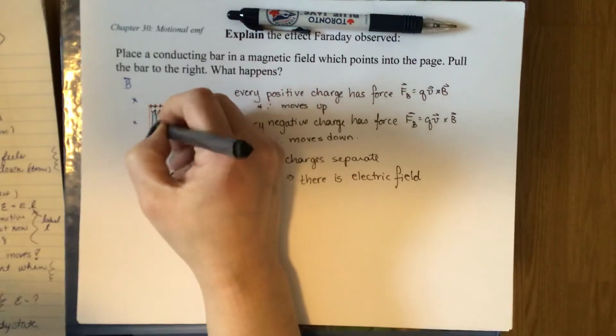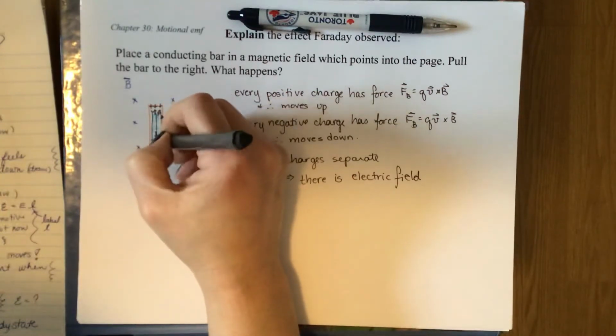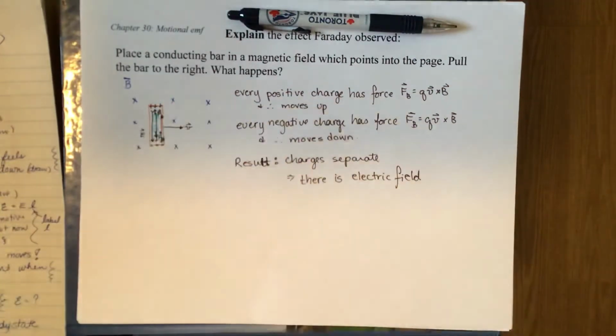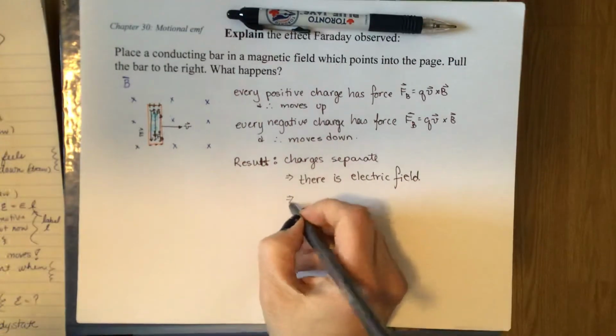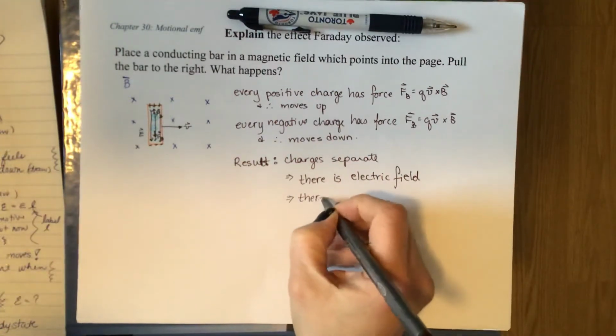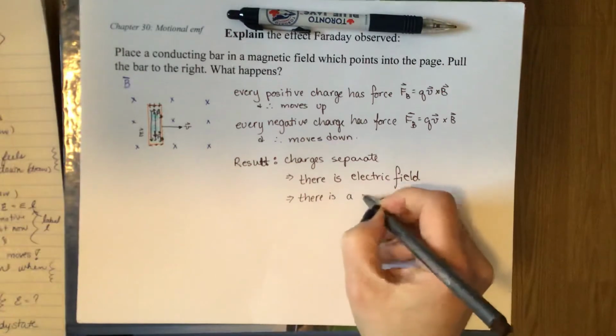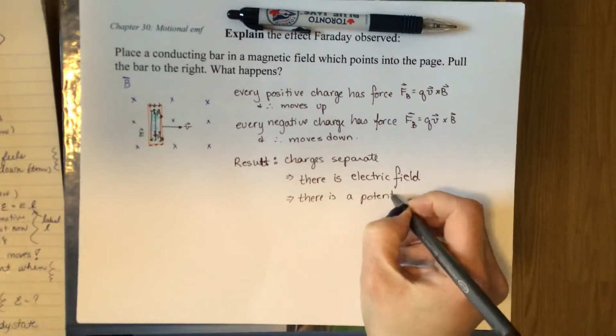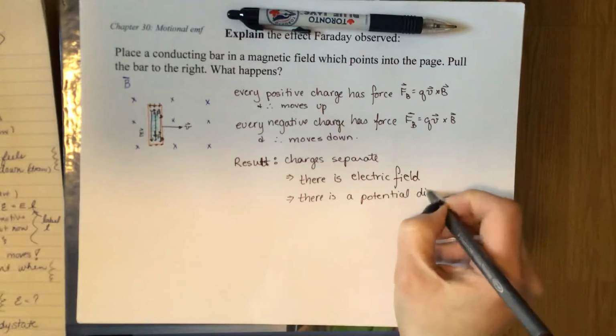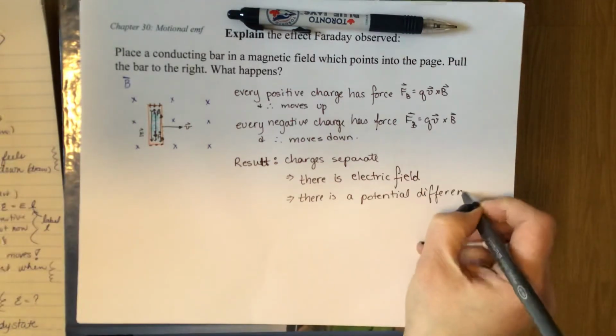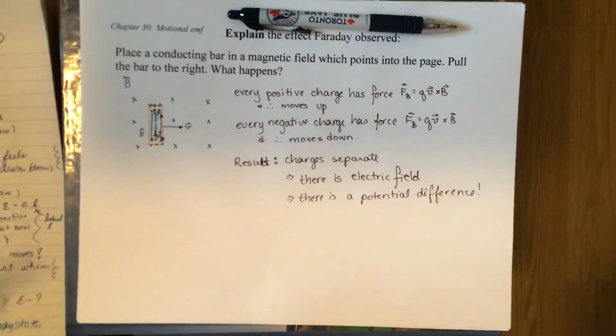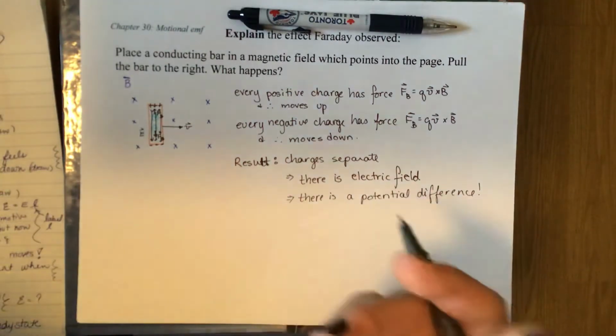So our electric field is going to point this way. If there's an electric field from the top of the bar to the bottom of the bar, well, there has to be a potential difference, because we know anytime we have separated charges, we get a potential difference.